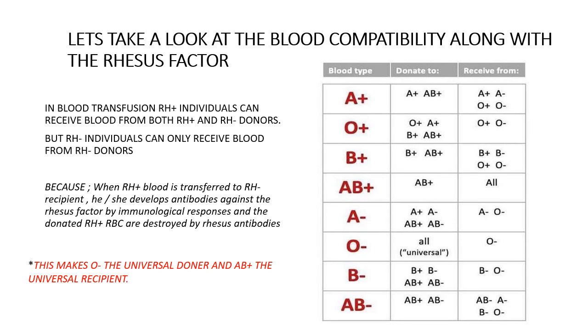Because when rhesus positive blood is transferred to rhesus negative recipient, he or she develops antibodies against the rhesus factor by immunological responses, and the donated rhesus positive RBC are destroyed by the rhesus antibodies. This makes O negative the universal donor and AB positive the universal recipient.